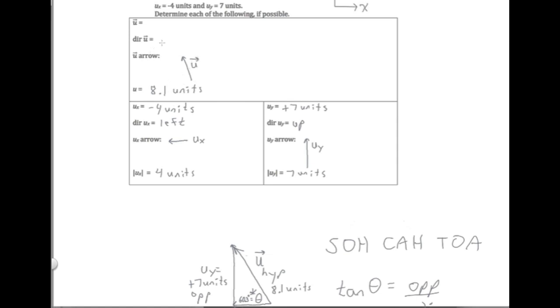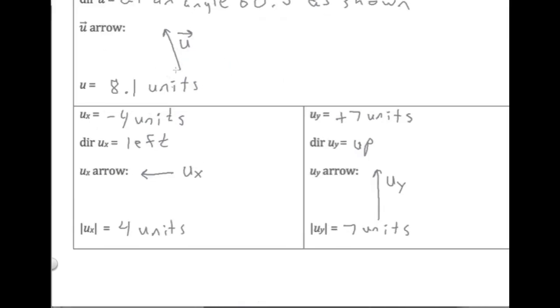And the direction of the overall vector is at an angle of 60.3 degrees as shown. Now, you need to include your picture then. All right, I can build that into the picture right here. So I can say this is 60.3.